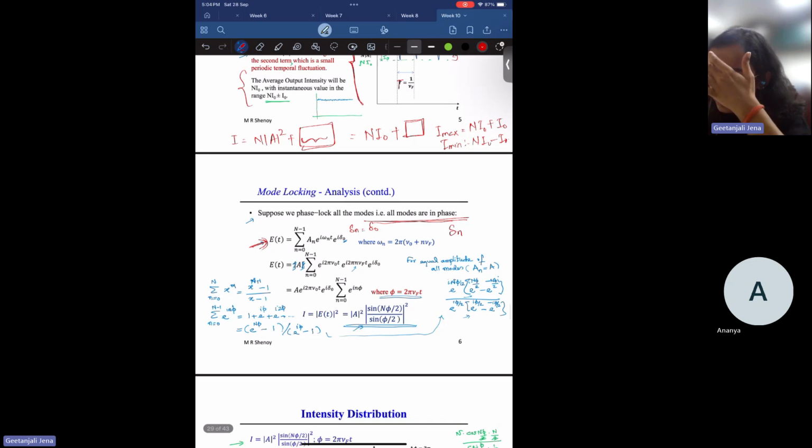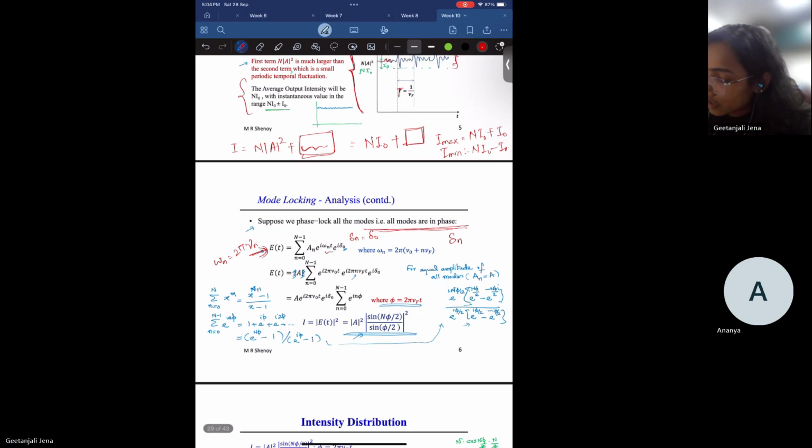Now, if you solve this, so this is omega n. Omega n is nothing but 2 pi nu n, right? And nu n is nu 0 plus n times nu f. So you just have to put this expression for omega n here.